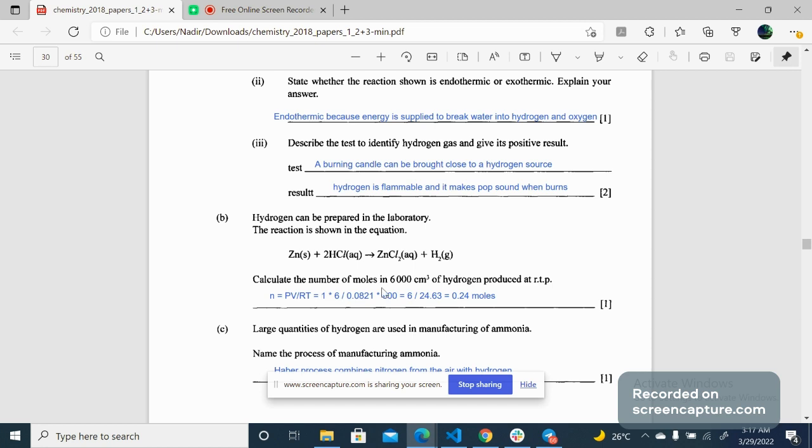After manipulation, this is what we get, 6 over 24.63. And if we do further manipulation, we will get this many moles. So this is roughly one fourth of a mole, the number of moles in this much volume of hydrogen.